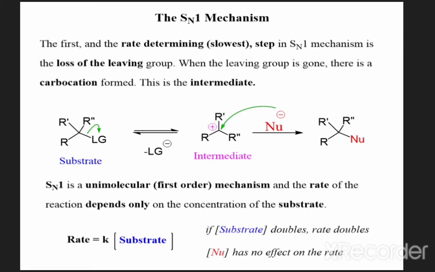So its rate is k, the rate constant, times the substrate in brackets, so its rate depends only on the substrate. If the substrate doubles, the rate doubles, and the nucleophile has no effect on its rate, because in the first step only the substrate takes part in this reaction.